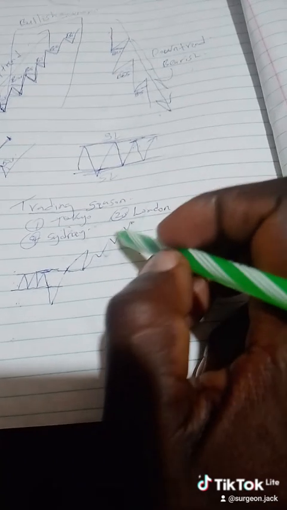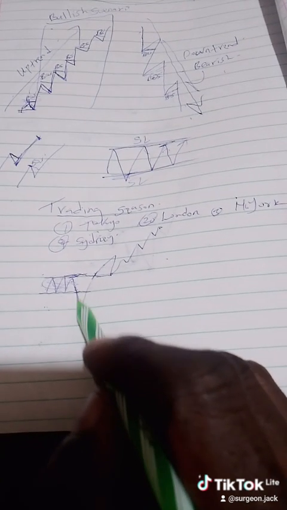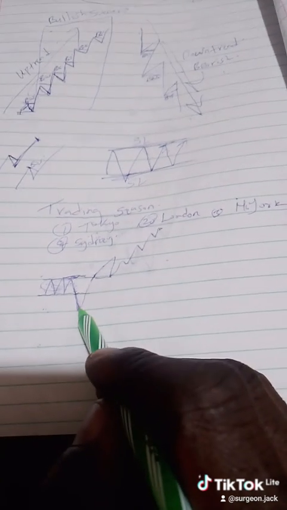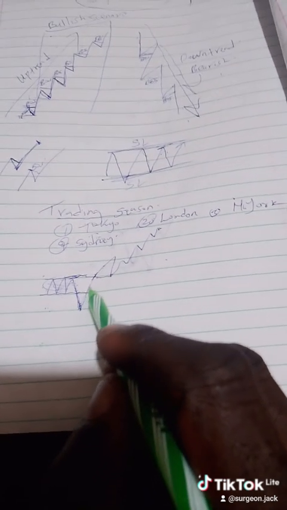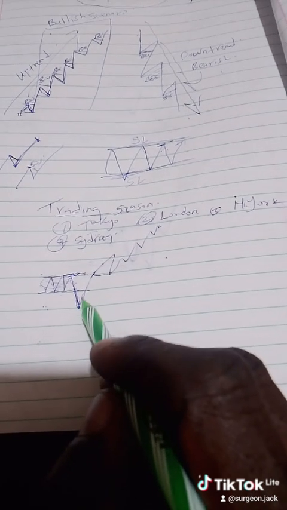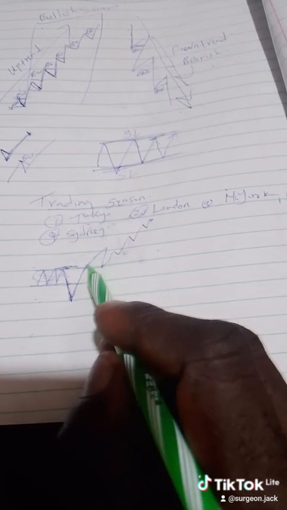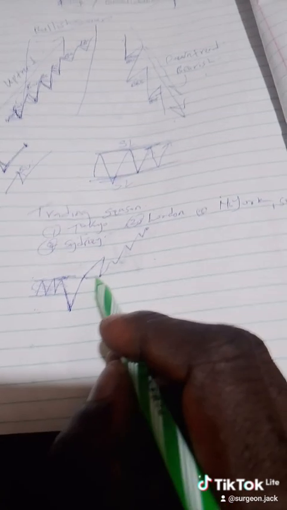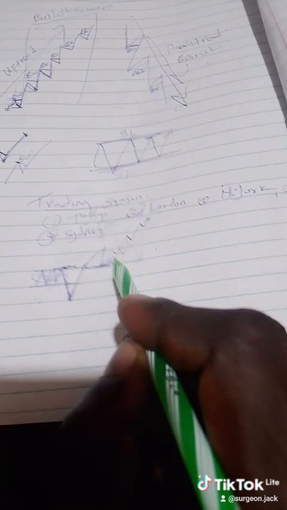When the market is moving in this range is when the Tokyo session is open. Then it pushes beyond, it breaks through that channel, then pushes down, then pulls back to the channel, then pushes beyond the channel again, breaks the channel, then retests. When it returns to this area, then we can enter to buy at this area.